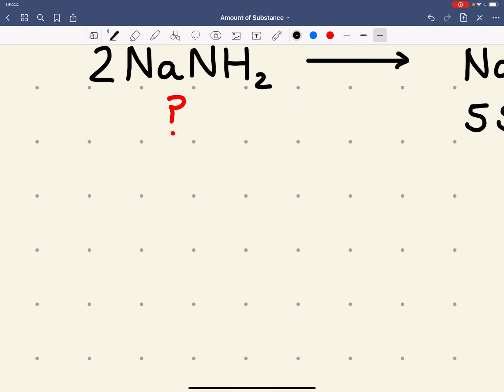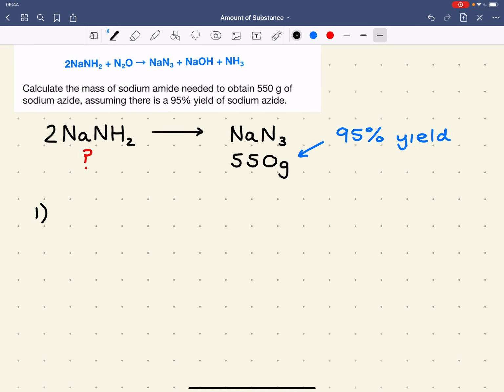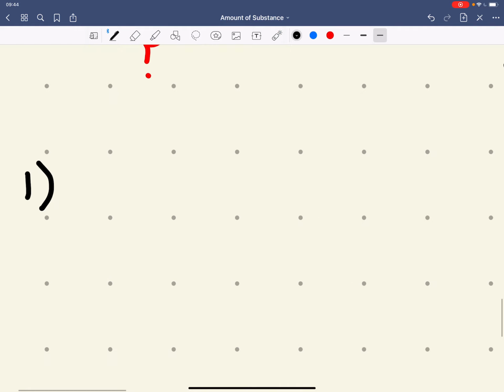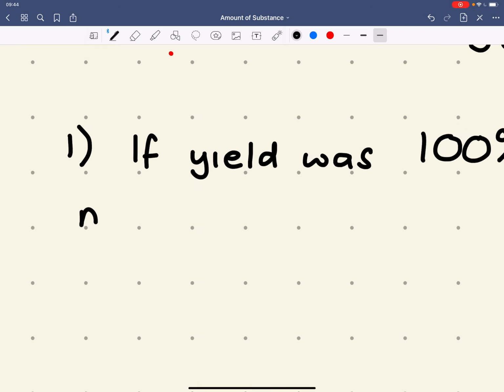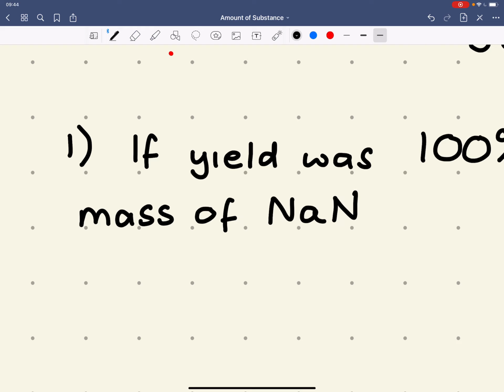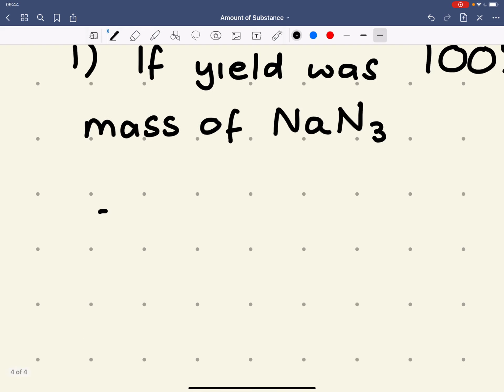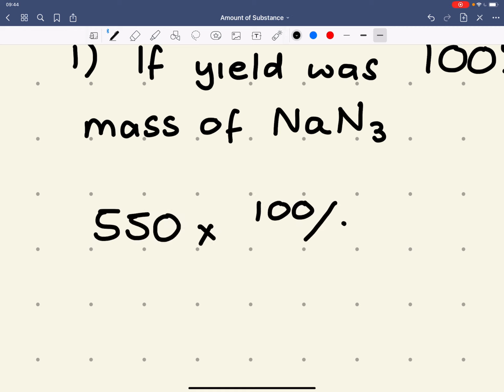The first thing we've got to do is work out what the mass of this sodium azide would be if the yield was 100%. So you'd say, if the yield was 100%, the mass of NaN3 would be 550 times 100 over 95.